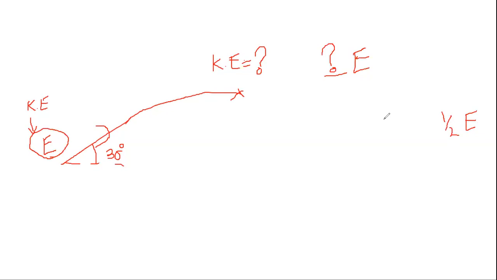Ah, yes. Oh, yes, good. One of you wrote a very good point: half E cos 30 squared. Okay, that makes sense. Can you give me a number? The cos 30 squared, can you simplify it and give a number?